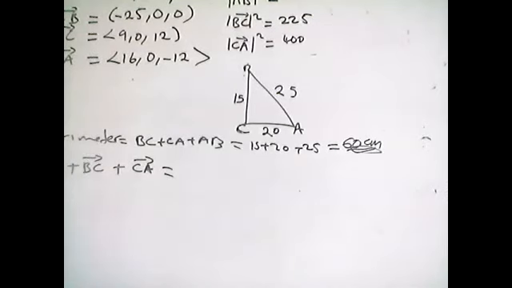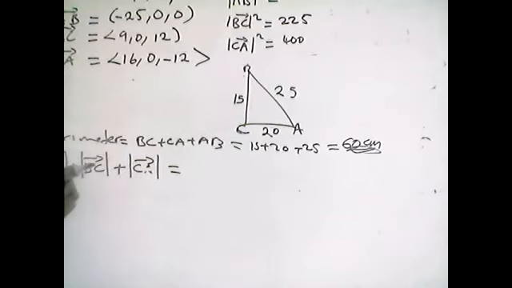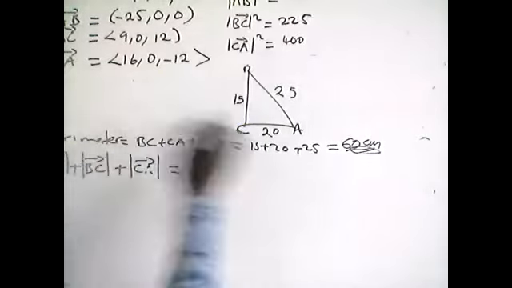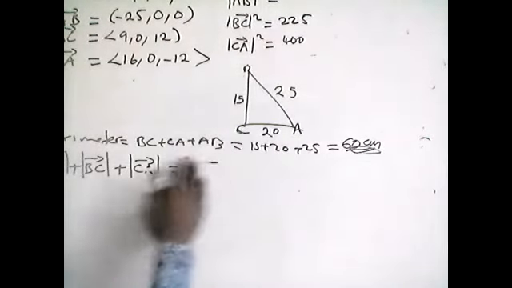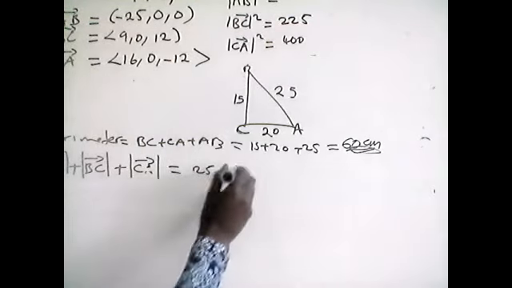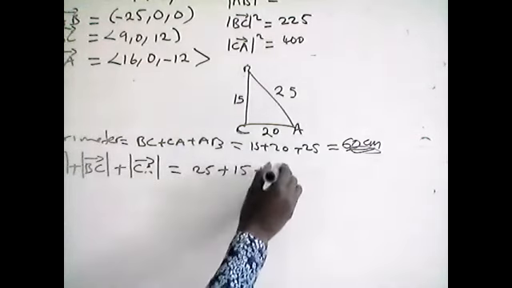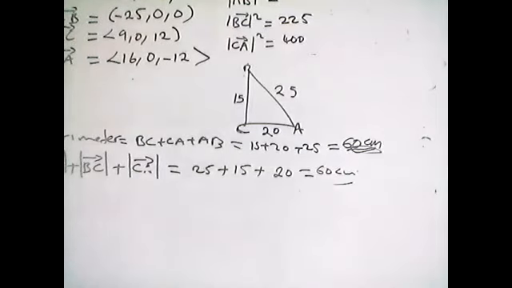I never tried this way, but let's just do this. The perimeter is the modulus of this plus modulus of this plus modulus of that. The modulus of AB is the root of 625, which is 25, plus the modulus of BC, which is 15, plus the modulus of AC, which is 20. It's giving us 60 centimeters. So now we have found the perimeter for that triangle.